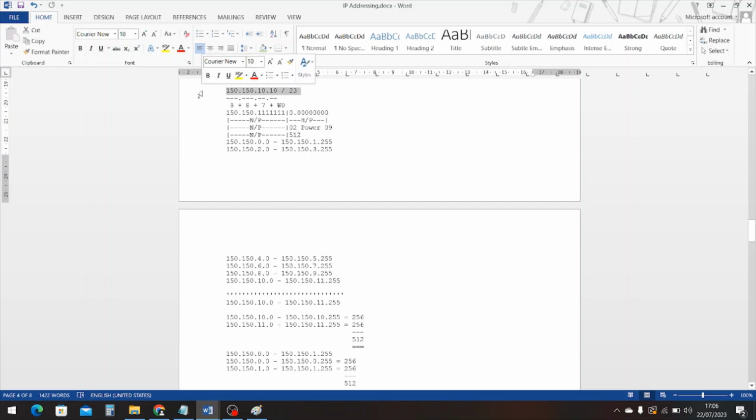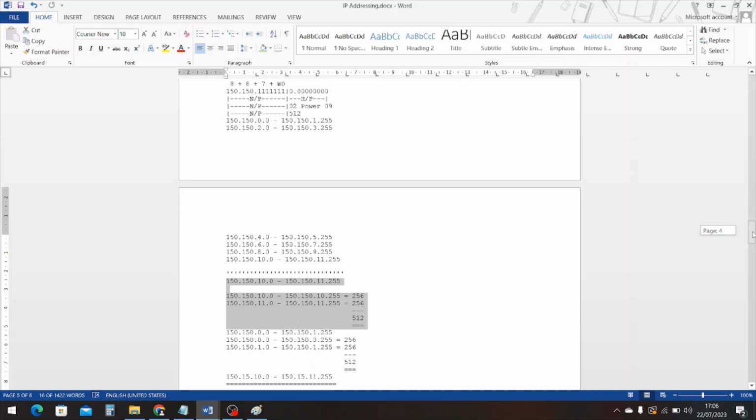This is the block that this particular IP address belongs to. That is what is shown in this calculation. Try it, rewind and ask again.